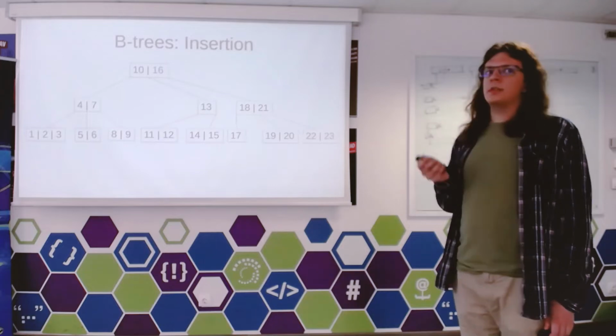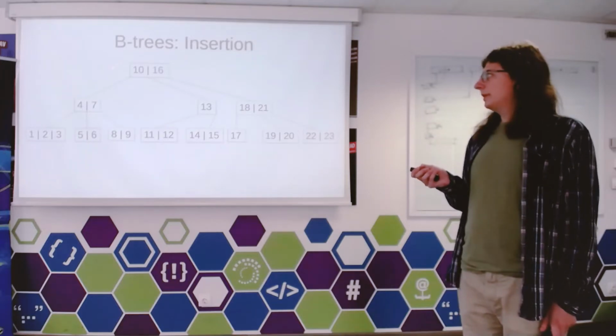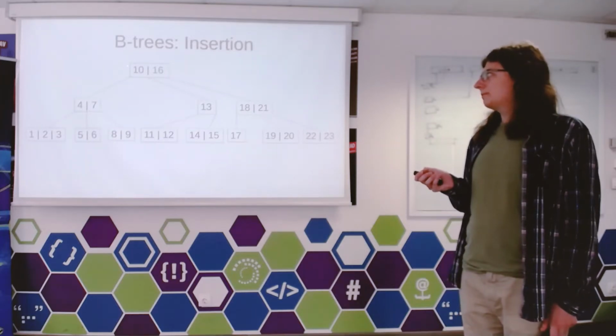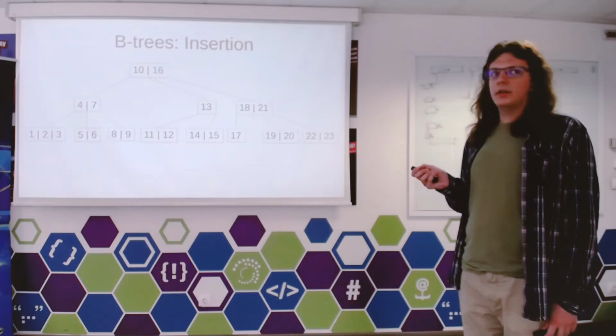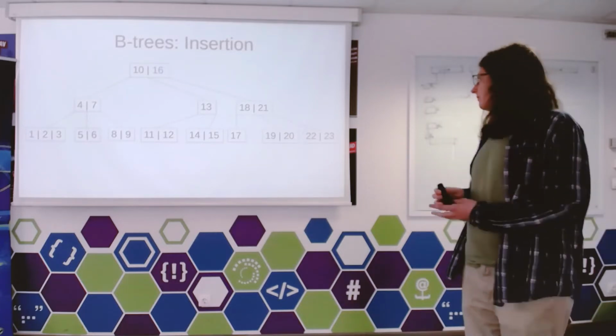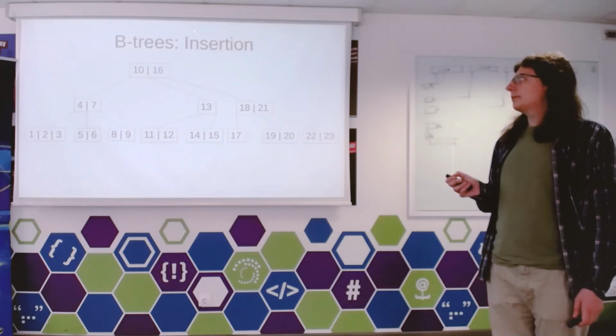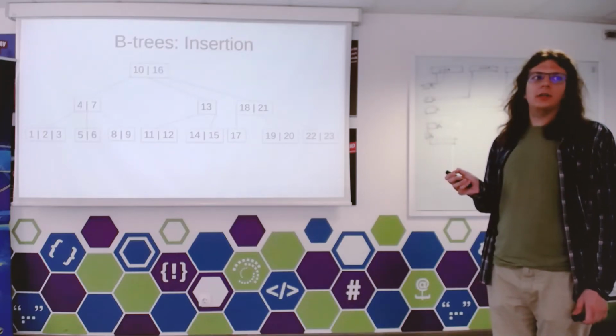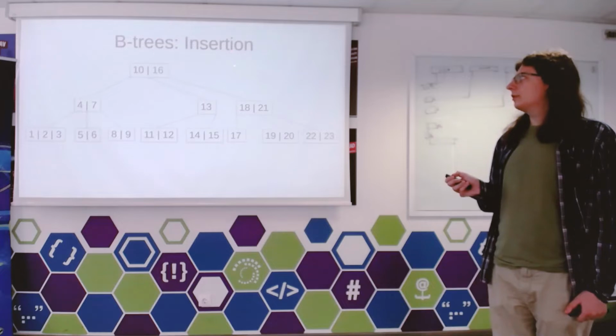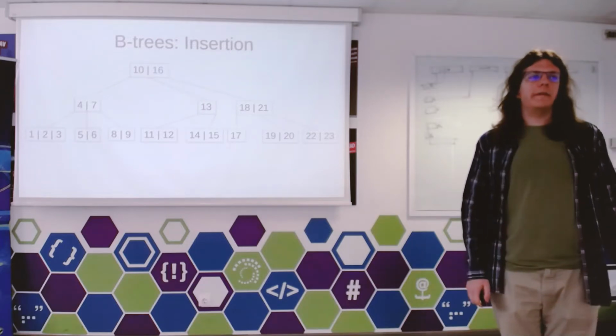And if the root becomes too big, so if the root had 4 elements, then we'd split the root, and we would create a new root node with the separator in it as the only key, and 2 parts of the old root as its children, so we would increase the height.